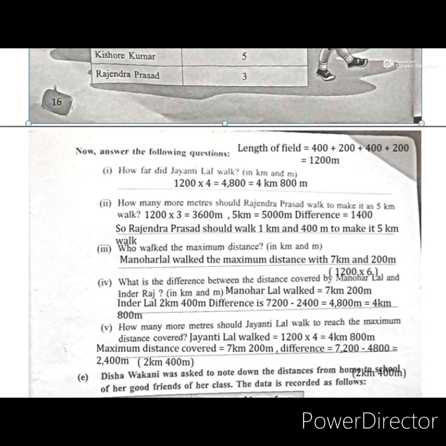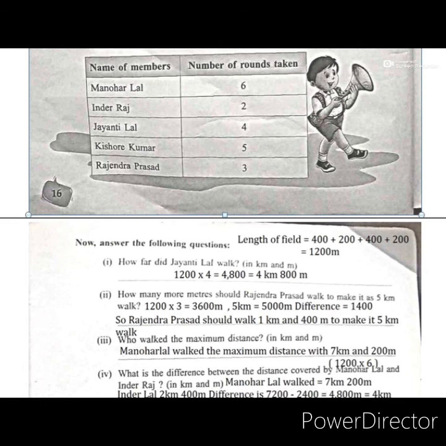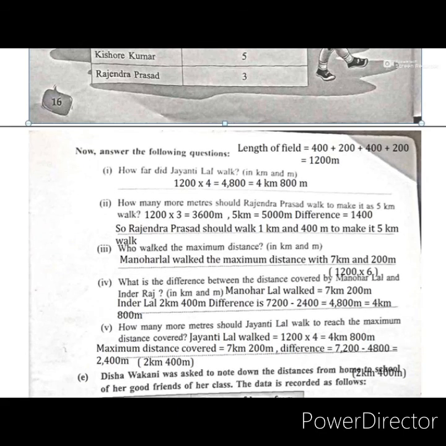How many kilometers will Jayandilal walk? See that table. Jayandilal can walk 4 rounds around this field. So 1200 multiplied by 4 equals 4800 meters, or 4 kilometers and 800 meters. Now we have to find the difference between Manohar Lal's walk and Jayandilal's walk.